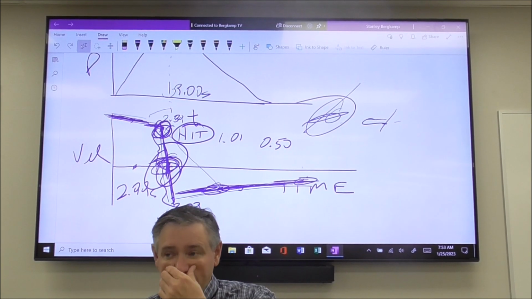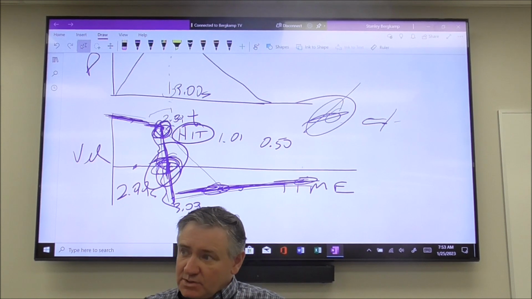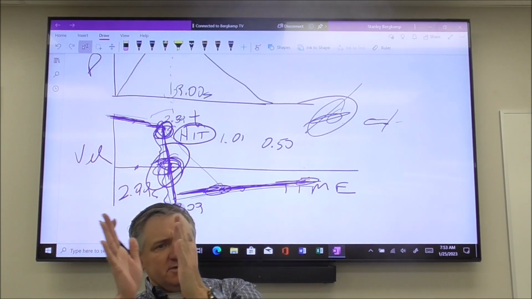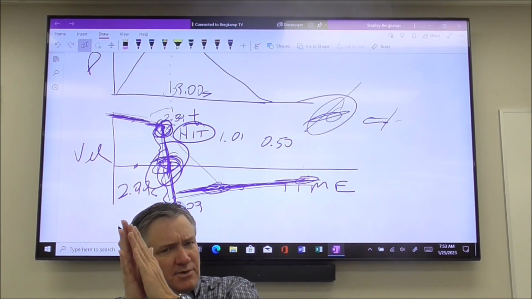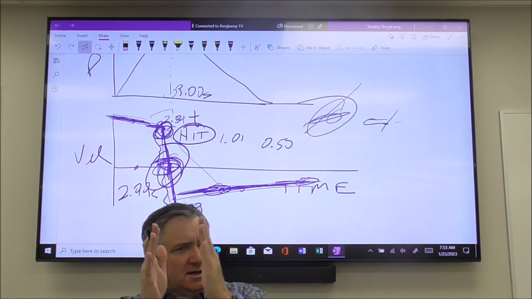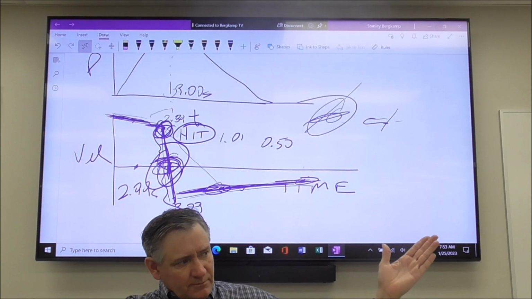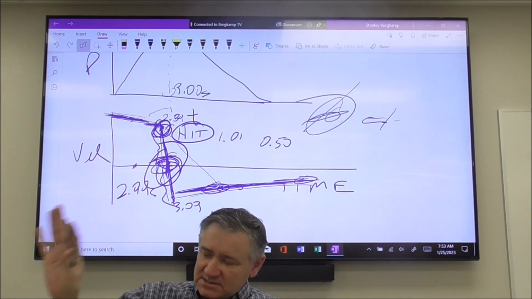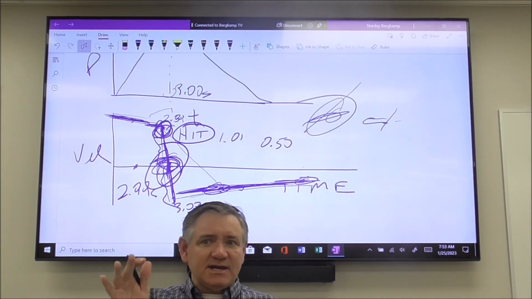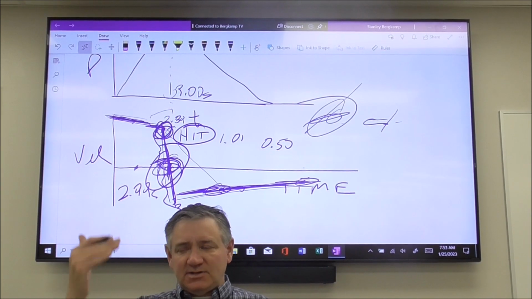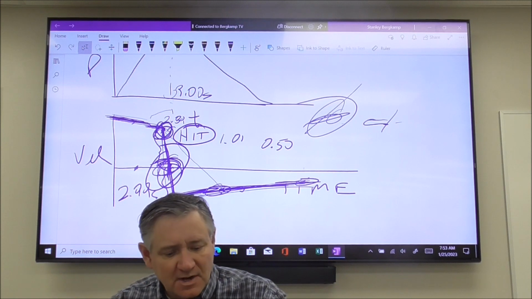Okay? So think of the sequence. Imagine you could watch it in slow motion. You'd see it hit, and then you'd see it compress, and then you'd see it expand, and then you'd see it leave the wall. Okay? So that's the first thing that you need, because you really can't answer the questions on the back until you get this thing done.